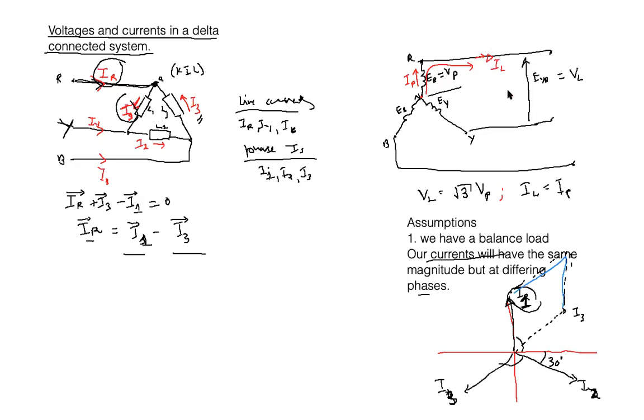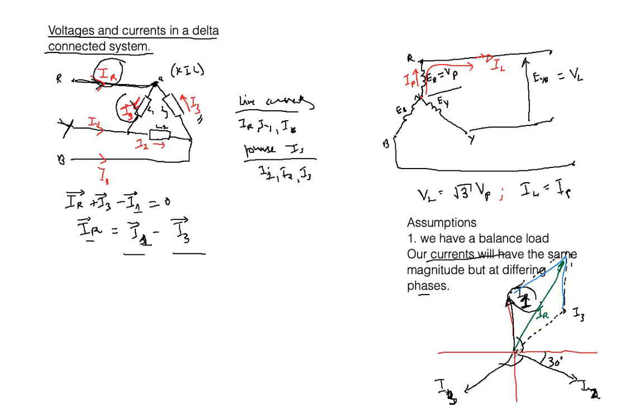Then there we are going to get our line current. So this is our line current, which we'll call IR.